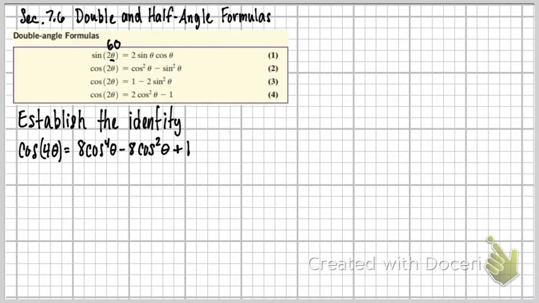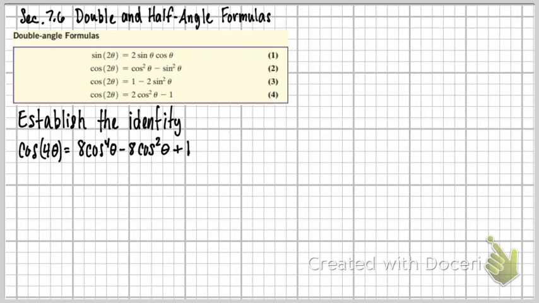Now if I take half of it, my theta is going to be 30 degrees. So I already know 30 degrees. If I'm taking half of an angle, I'm going to know the angle itself because I'm doubling it. So therefore, it's not very efficient to use for finding exact values.